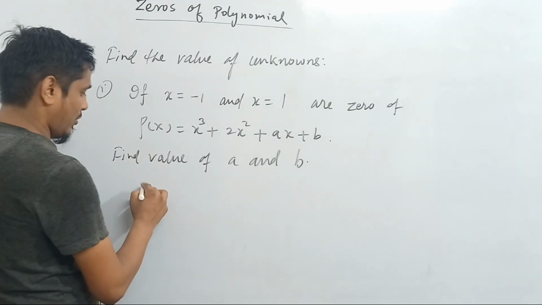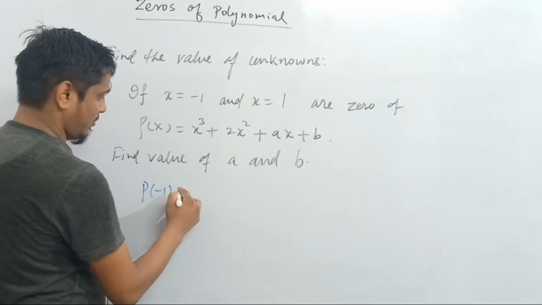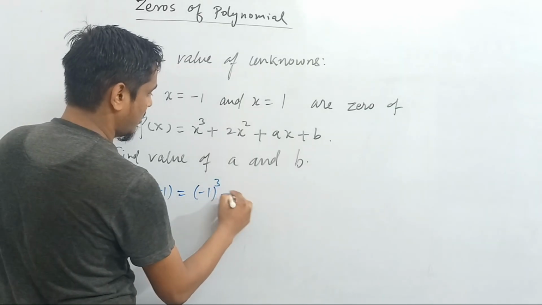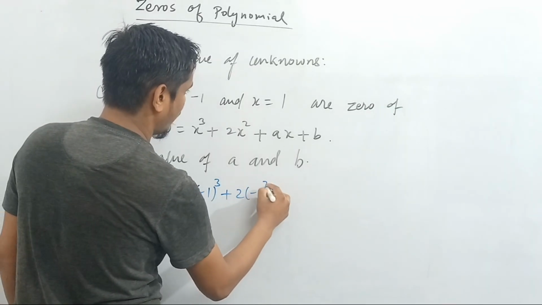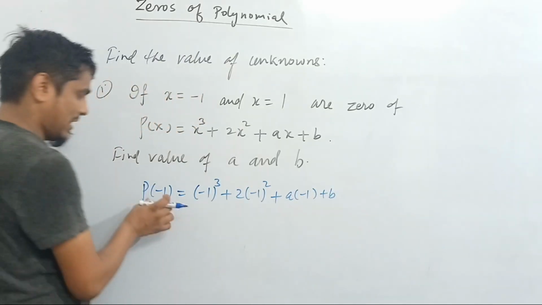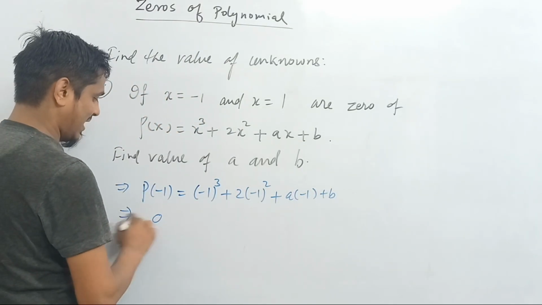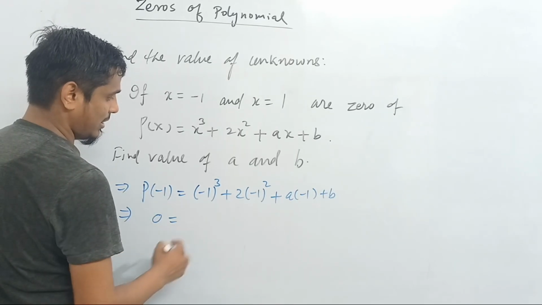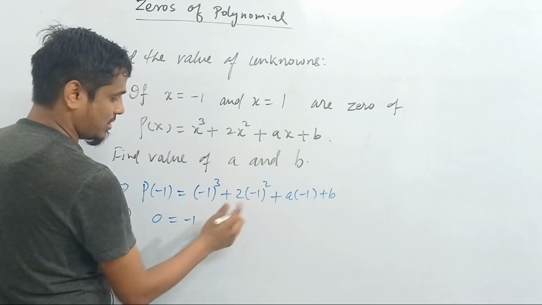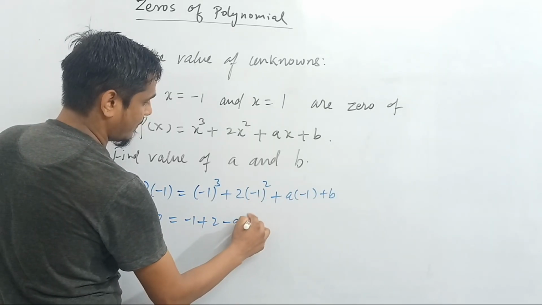For p(negative 1) at x equal to minus 1, just substitute the value of x to be negative 1 over here. So negative 1 power 3 plus 2 times negative 1 power 2 plus a times negative 1 plus b. As this is 0, this is equal to 0. So p(minus 1) is 0, which is equal to minus 1, and minus 1 square is plus 1, into 2 is 2, plus minus is minus a plus b.